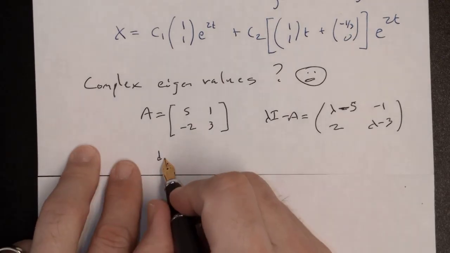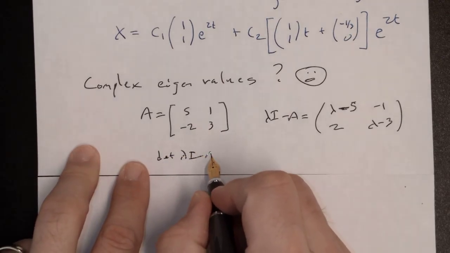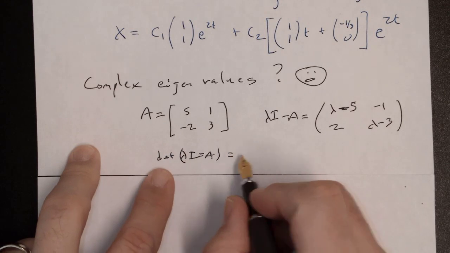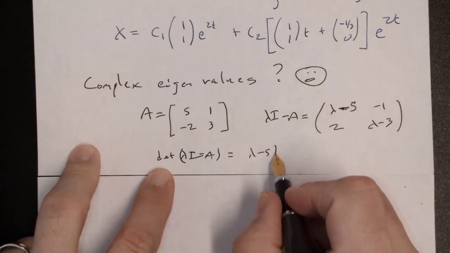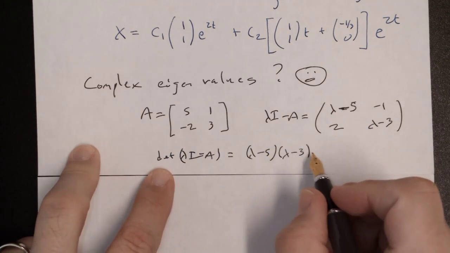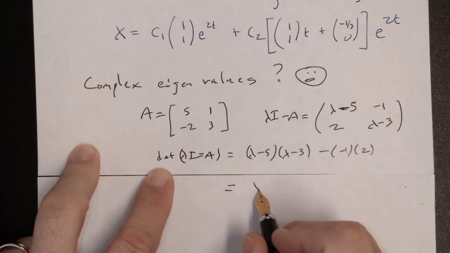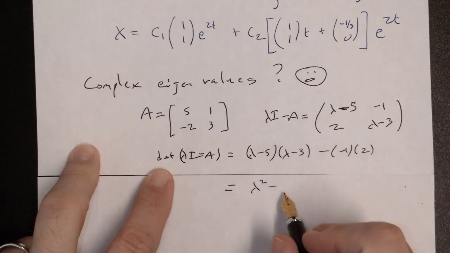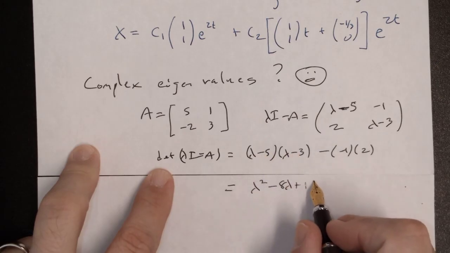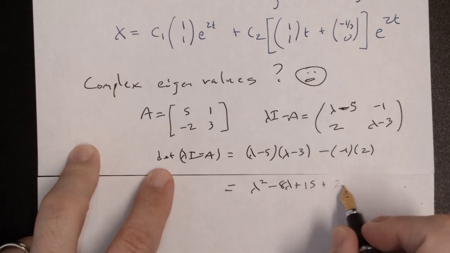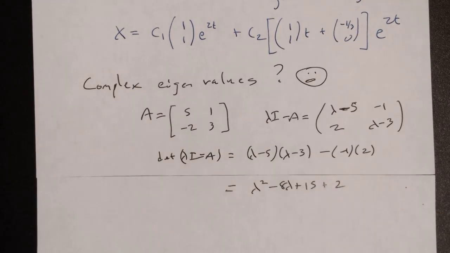So the determinant of lambda I minus A is lambda minus 5 times lambda minus 3, minus negative 1 times 2. Lambda squared minus 8 lambda plus 15 plus 2. Wait a minute.